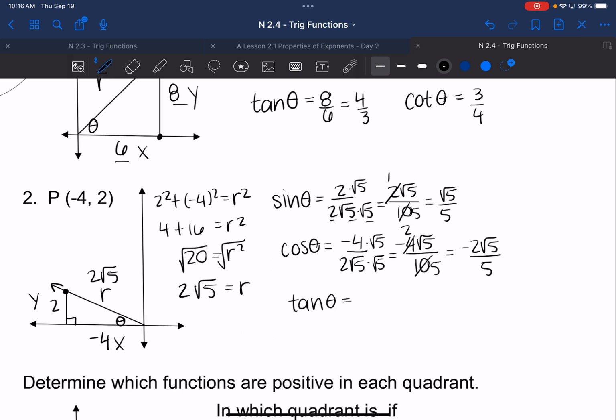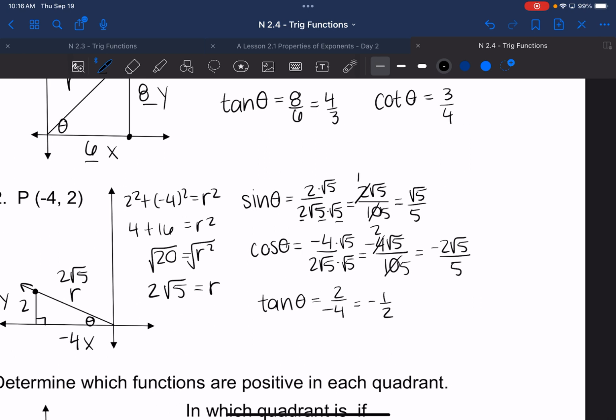What's going to be my ratio for tangent? Which is y over x now, right? Since we're using y and x, so what are those numbers? All right, and what will 2 over negative 4 simplify to? Nice. Okay. So there's my first 3.